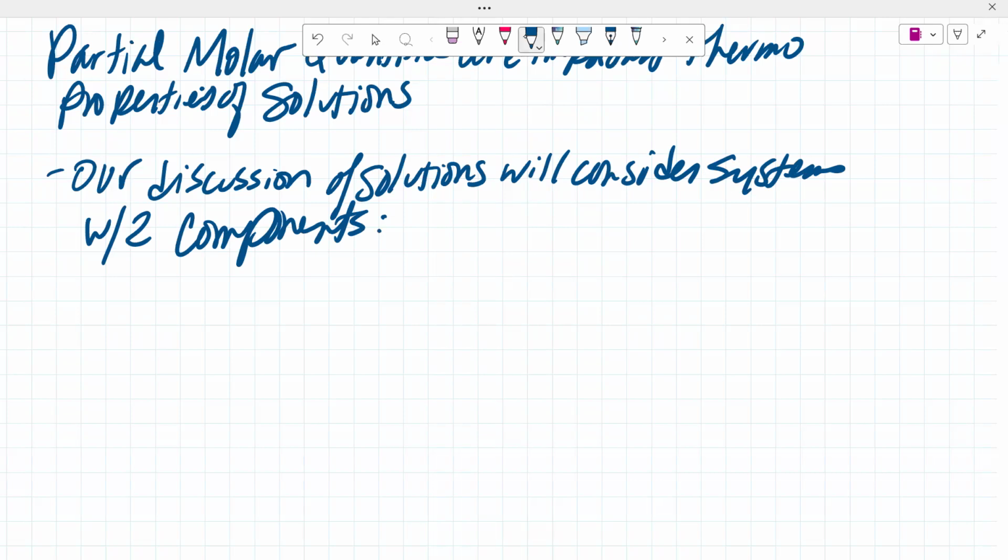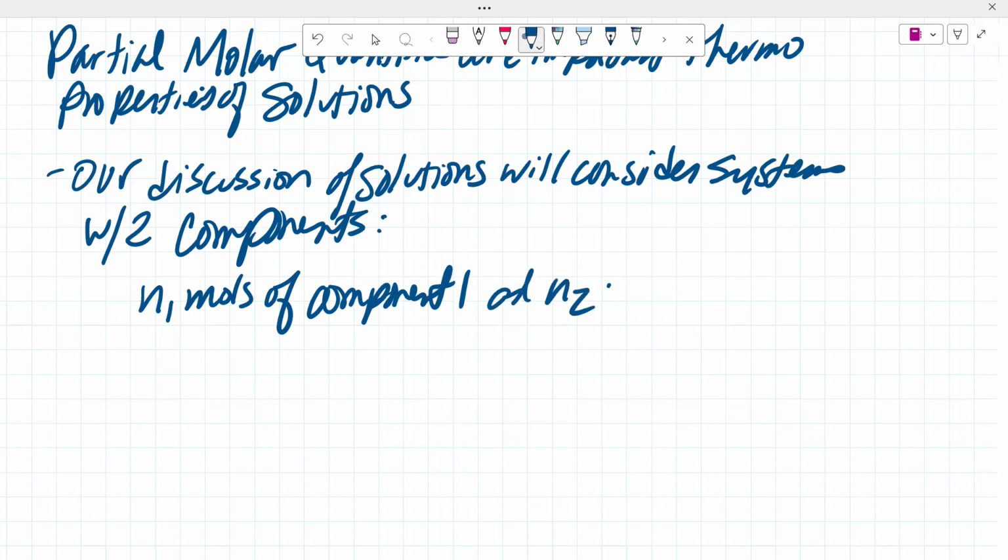We'll have n1 moles of component 1, and n2 moles of component 2. And what we want to do is write the Gibbs free energy.